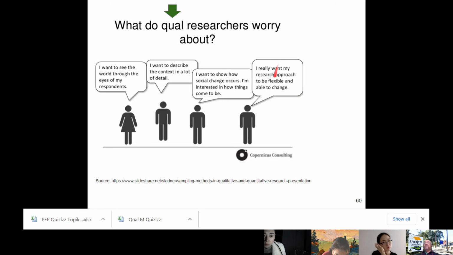Okay, and then number four, I really want my research approach to be flexible and able to change. For a qualitative study, the structure is not so rigid. It is very flexible. So you can ask questions, and the way you ask depends on how you see the participants.